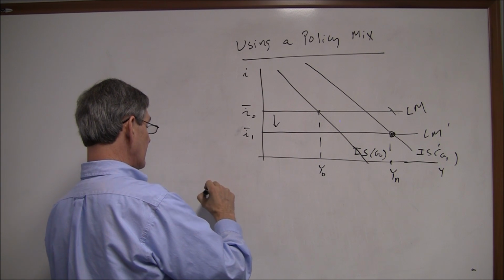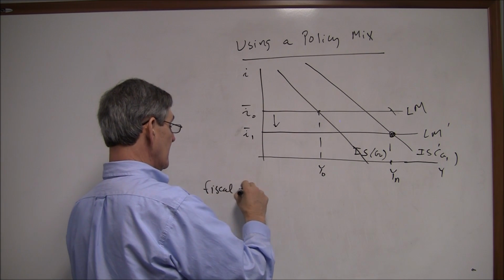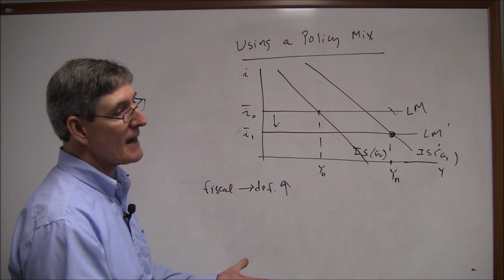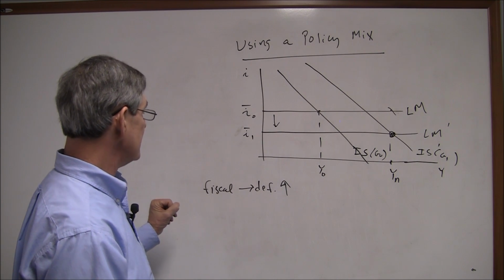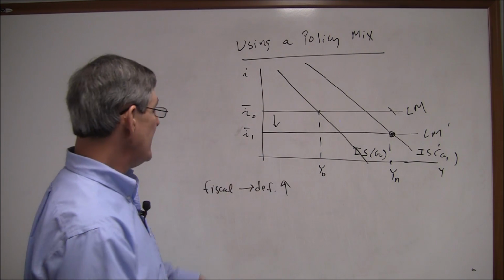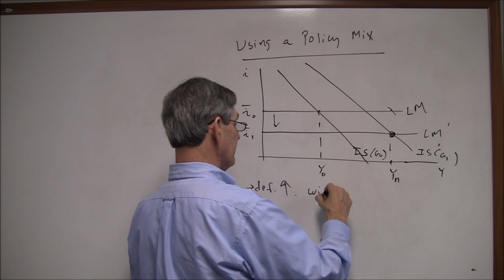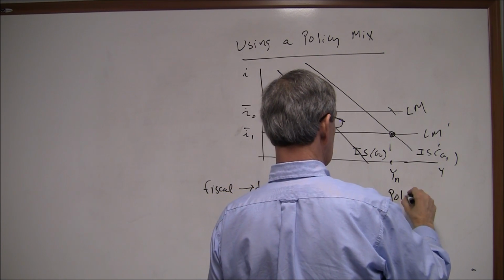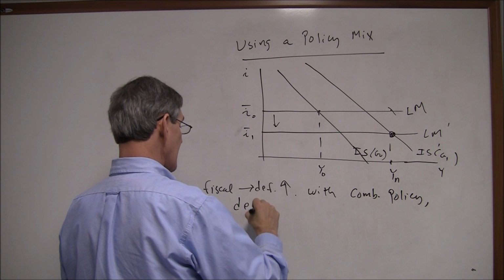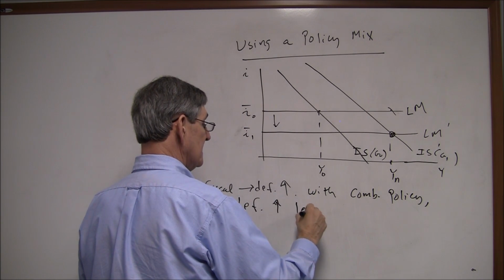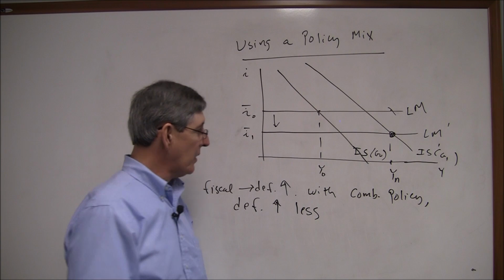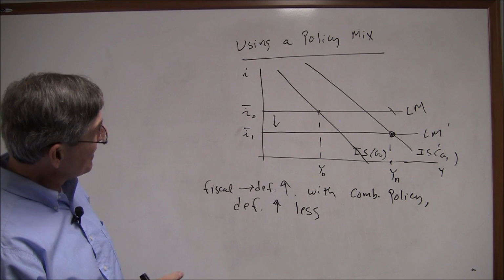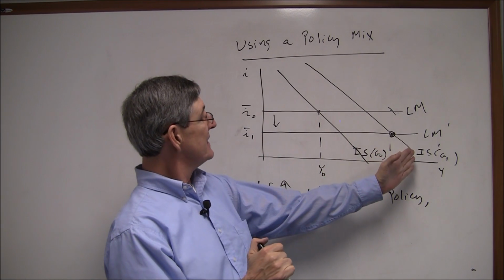But fiscal policy leads to a deficit going up because we're increasing government spending or cutting taxes, both of which would cause the deficit to go up. A combination policy or a policy mix, deficit goes up less because monetary policy is doing part of the work. So that's the first advantage of a policy mix. You can avoid the deficit.